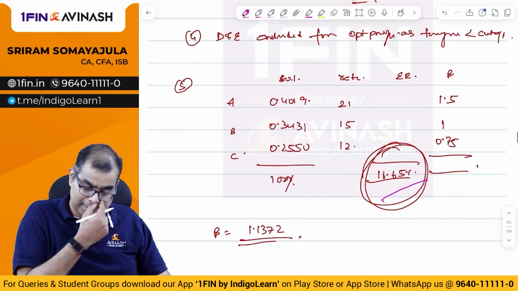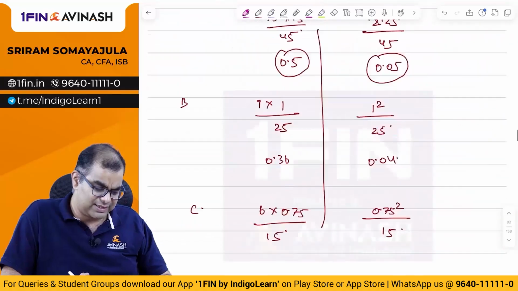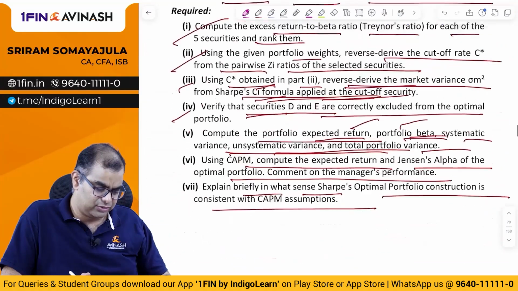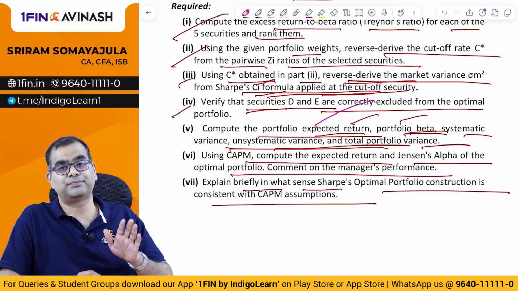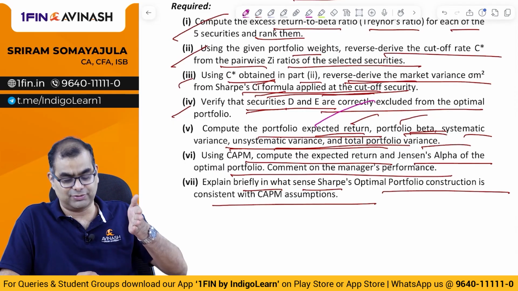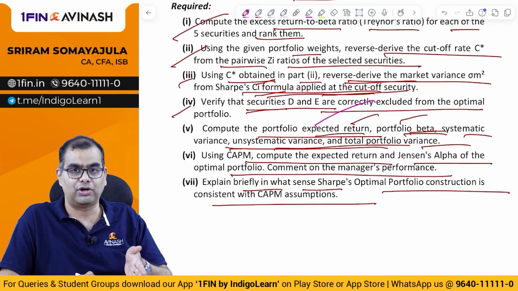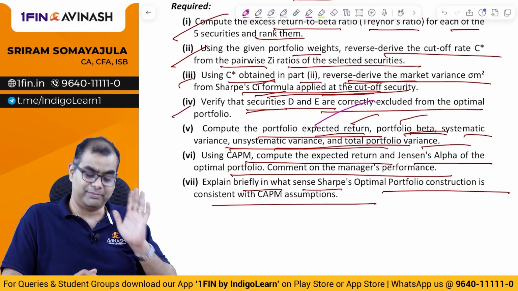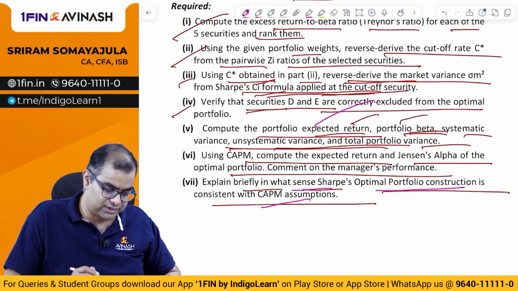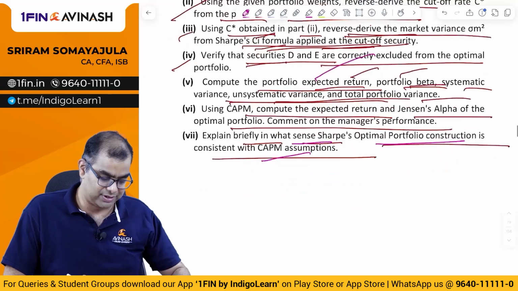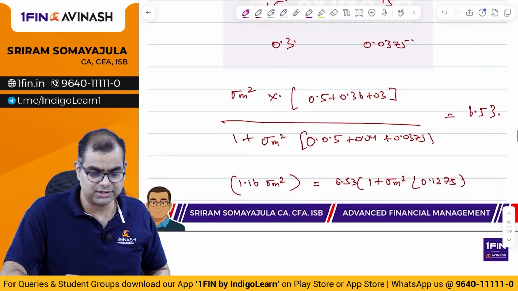Now this is a super weird question, boss. We got expected return here. Did they say expected or actual? This is the portfolio's expected return as per whatever methodology we followed, and the CAPM return based on beta. Okay, explain why Sharpe's portfolio construction is consistent with CAPM assumptions. How is the portfolio consistent with CAPM?